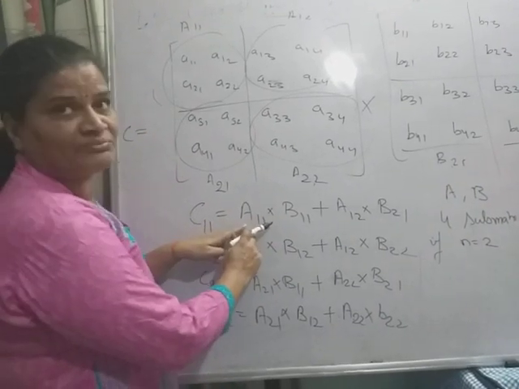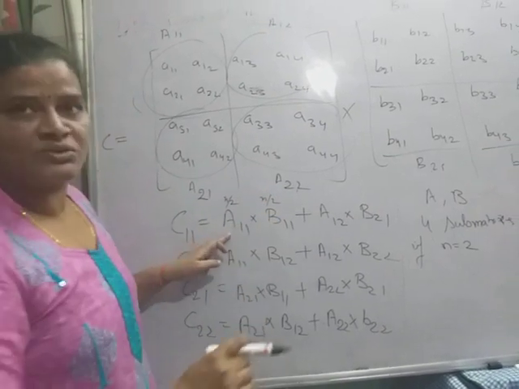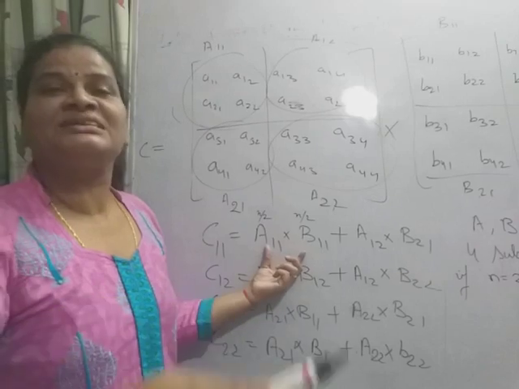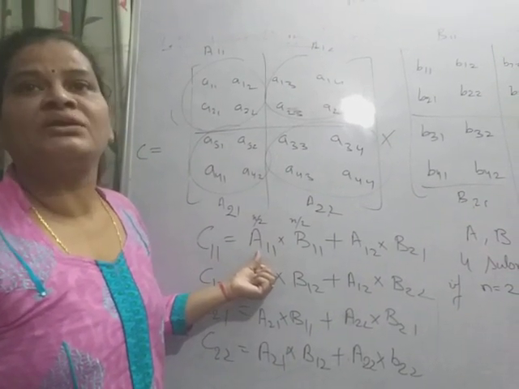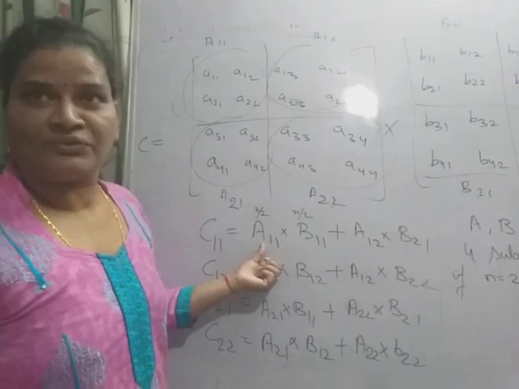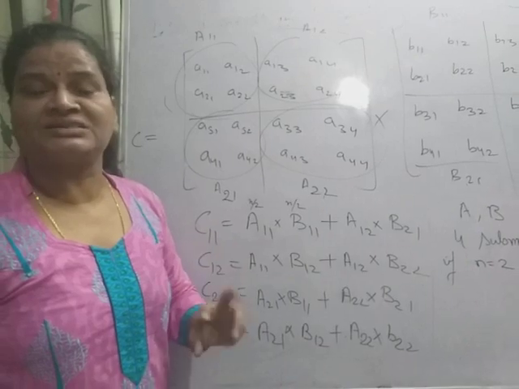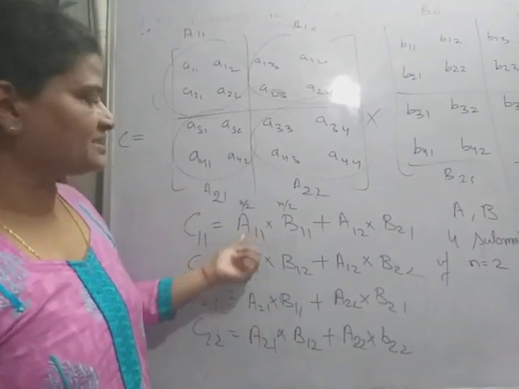This matrix is of order n by 2, and this matrix is of order n by 2, and to perform this multiplication again recursively we apply the same procedure. This matrix is divided into 4 sub matrices of order n by 4 into n by 4 and so on. We continue this process until we get a matrix of order 2, and finally we perform the multiplication of the elements with this formula.